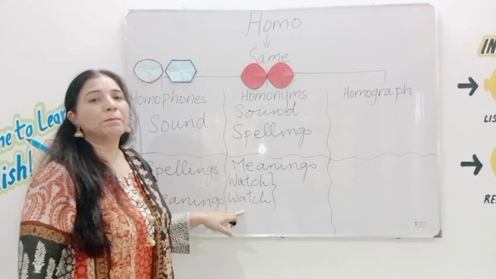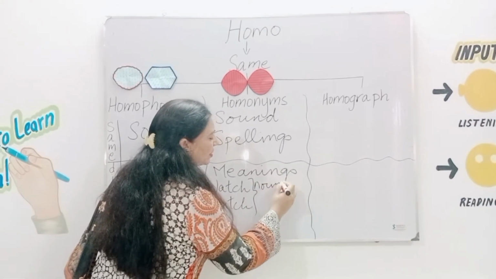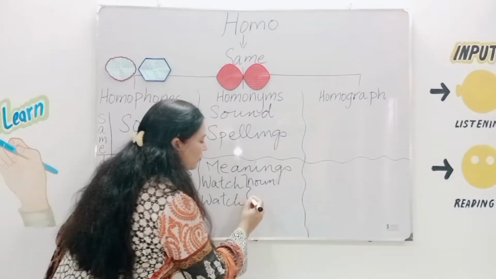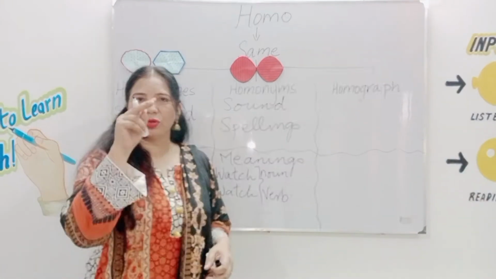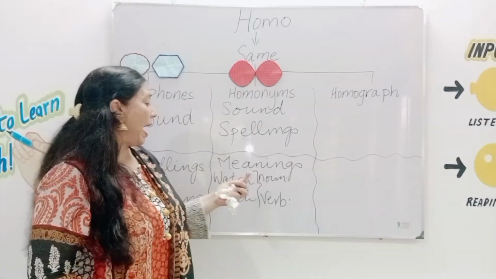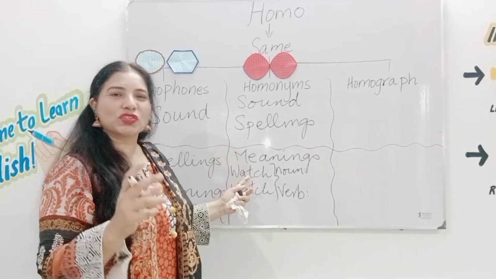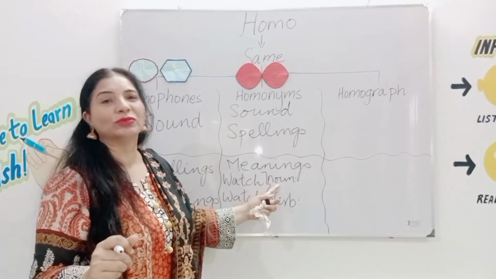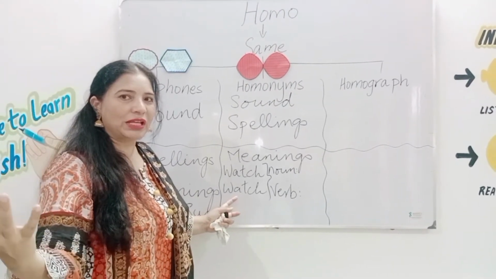But the first watch is a noun. That means the wristwatch that you wear. The second watch is used as a verb. That means to look at somebody or to look at something carefully. I have a beautiful golden watch. Here watch is used as a naming word, so as a noun. I am watching my students carefully playing in the ground.